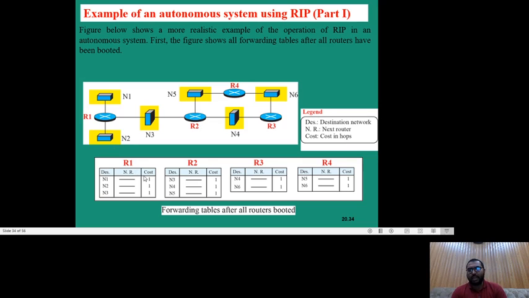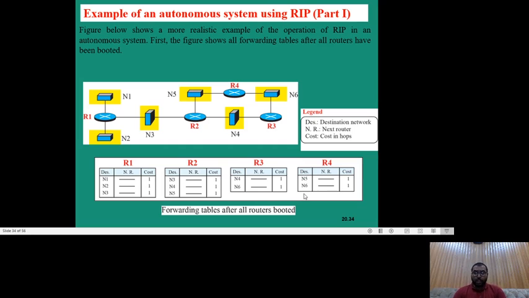Because there is only one hop, the cost will be 1. R2 is directly connected with N3, N5 and N4, and the cost will be 1. Similarly, R3 is connected with 2 networks, N4 and N6, and router 4 is connected directly with 2 networks, which are N5 and N6.